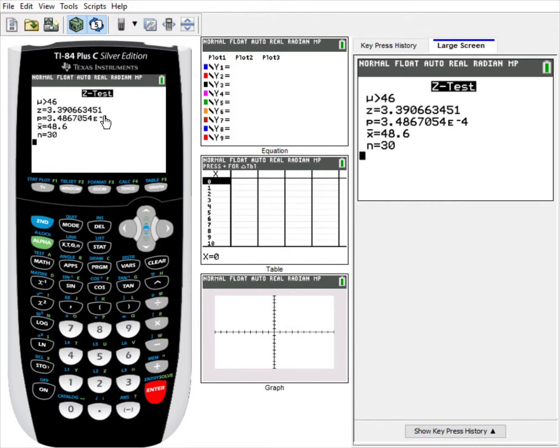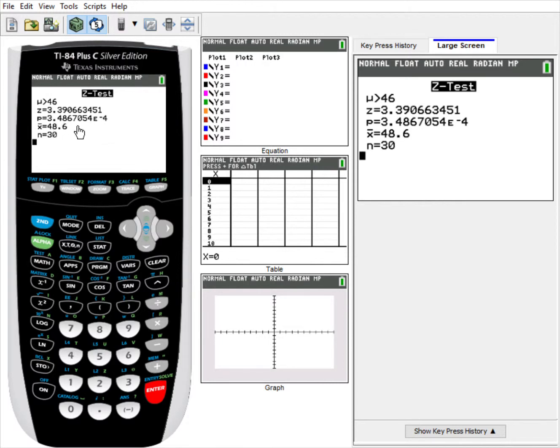So what you will see very often is this e-4. This refers to scientific notation. That means that your p-value is actually 3.5 times 10 to the power of -4. So it's 1, 2, 3, 4 decimal places to the left, and it's a very, very small number.